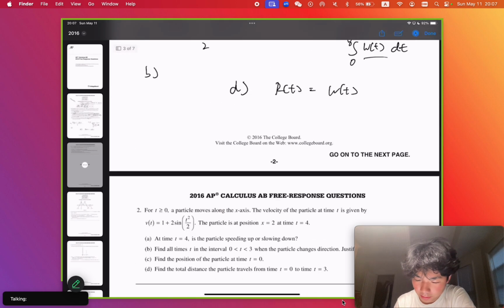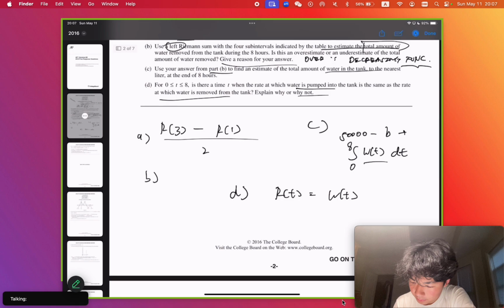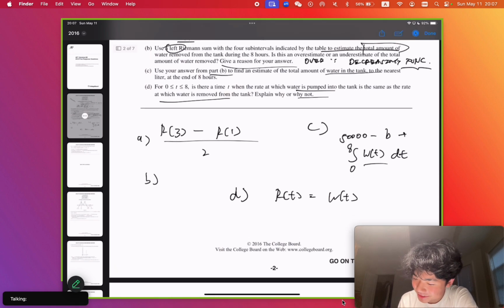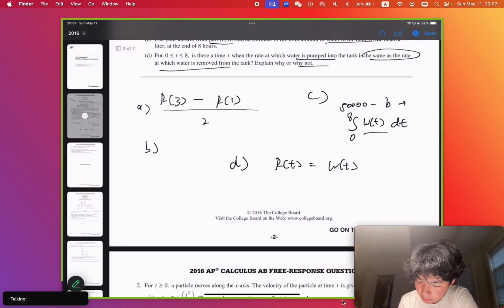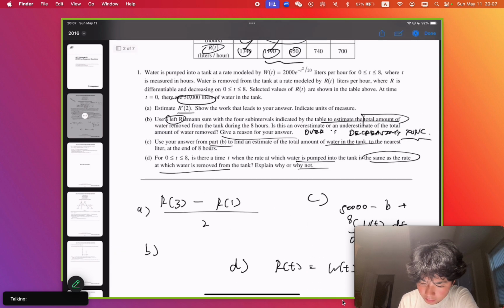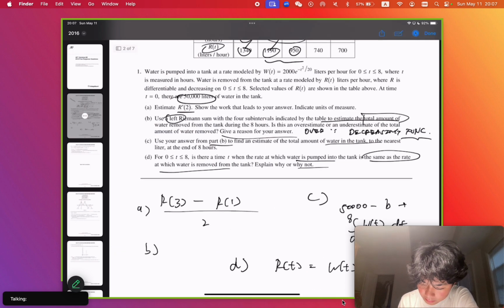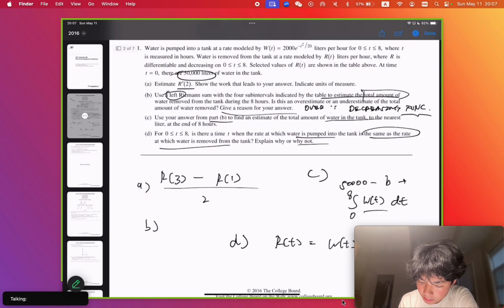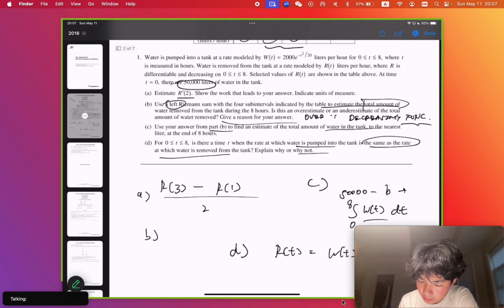Okay, next one. This is not that hard, at least as of right now. Let's check. Same rate. Oh, actually, it might be a bit tough because this R(t) is just an estimate.